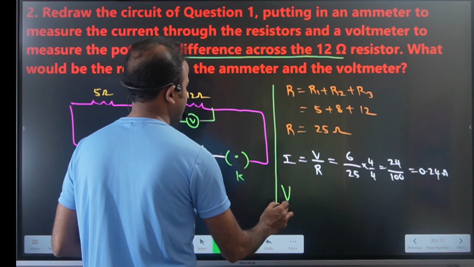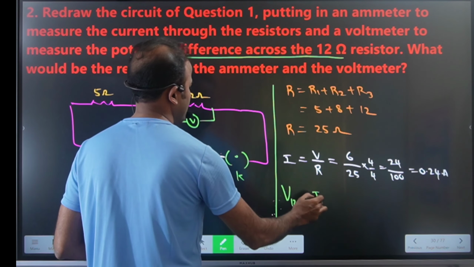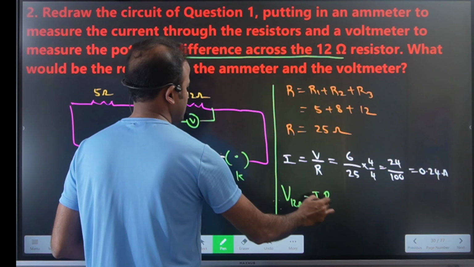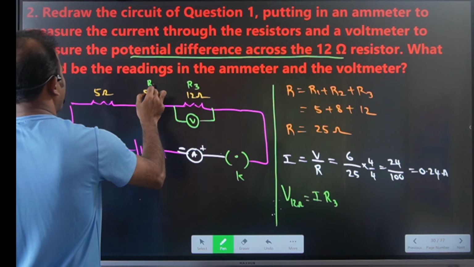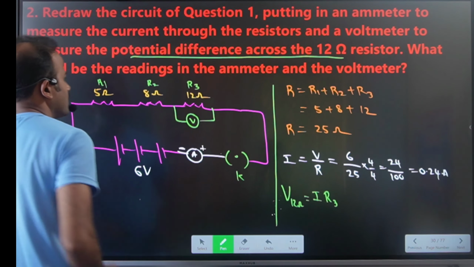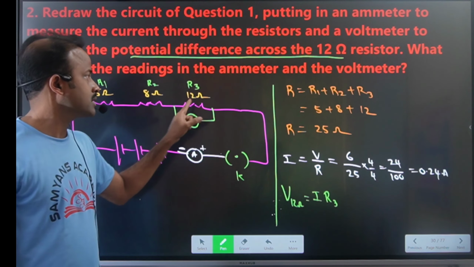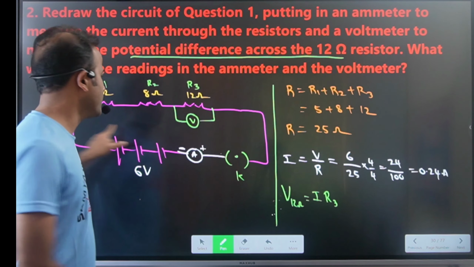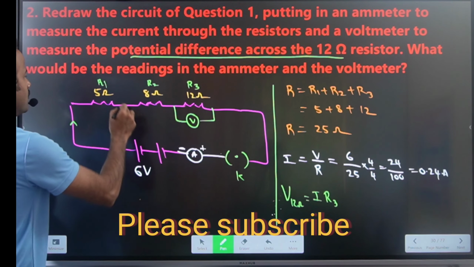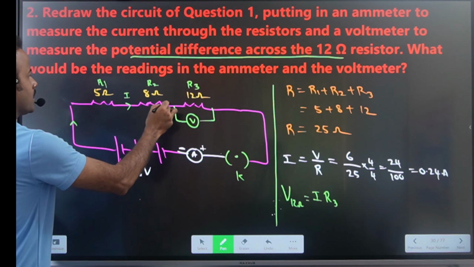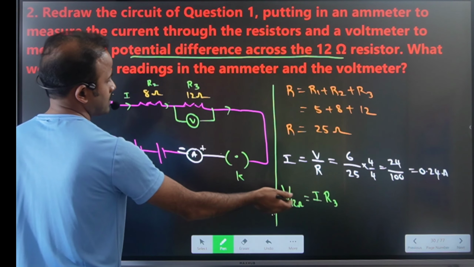Voltage across the 12 ohm resistor, you already know the formula, that is I into R3. This is R3, this is R2, this is R1. The resistor value is 12 and the current flowing is 0.24 amperes, or 6 by 25.